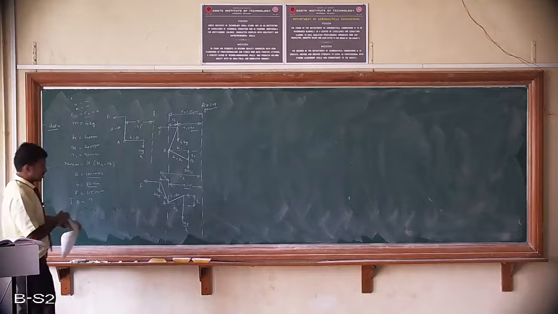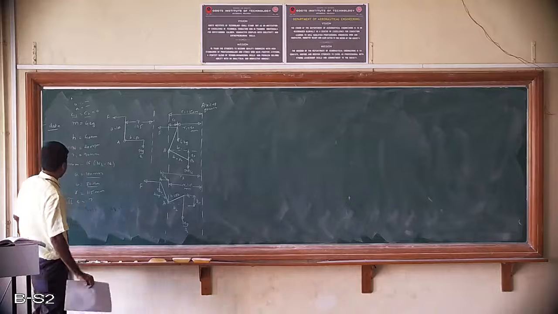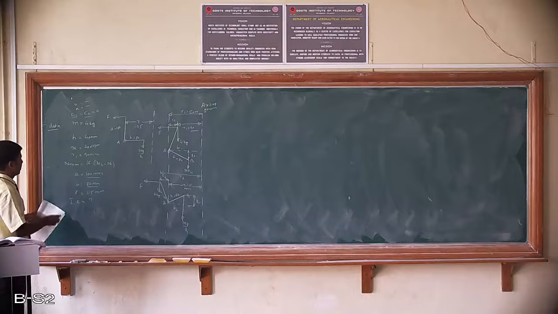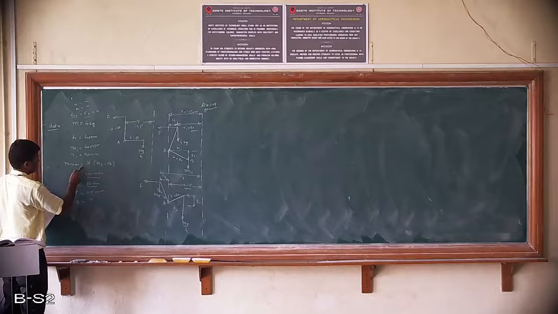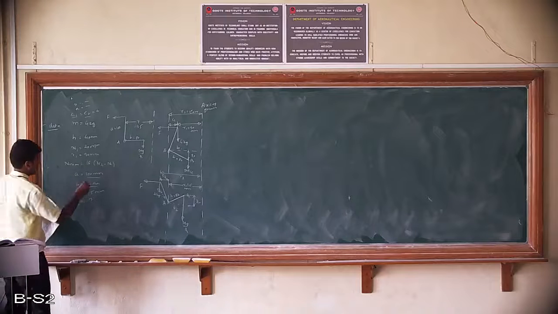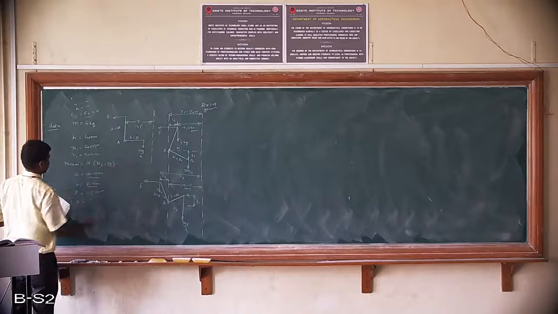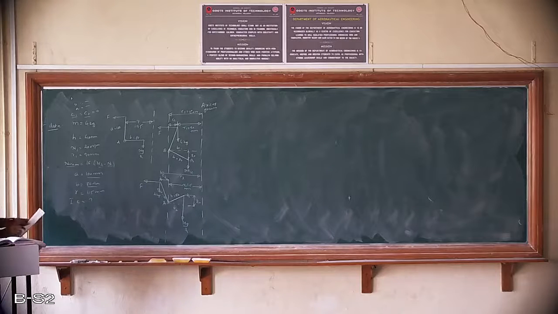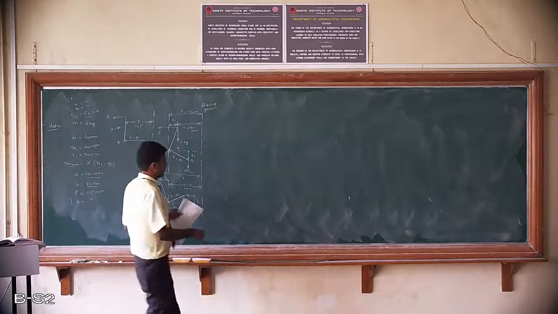So first calculate the value of N2. N1 is given, N mean is given, N2 is missing. So let us find out the value of N2.